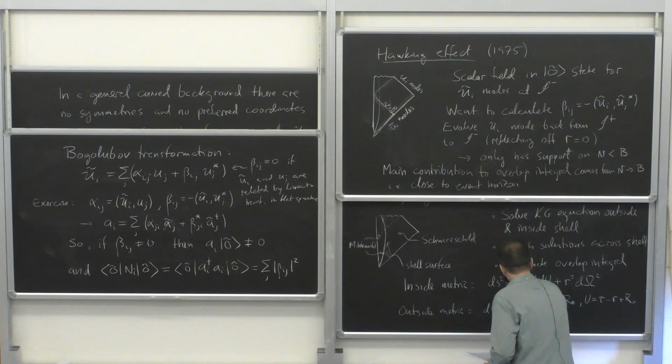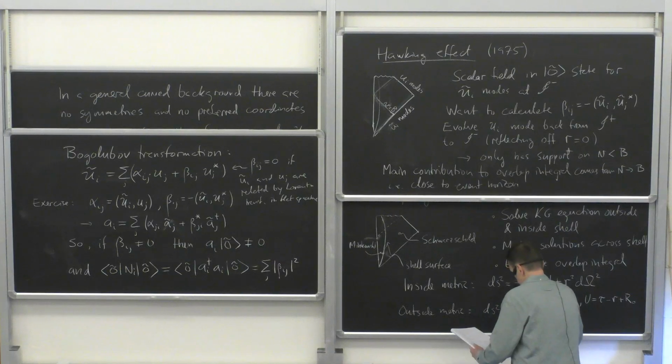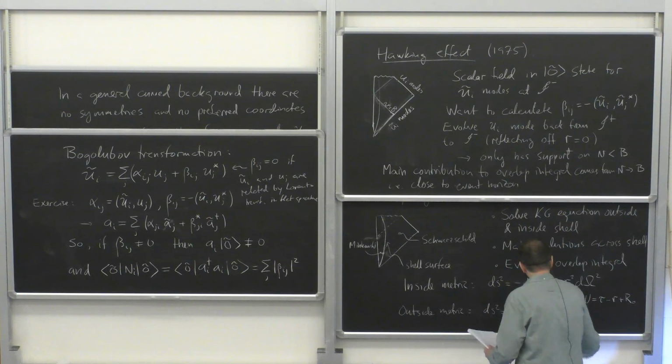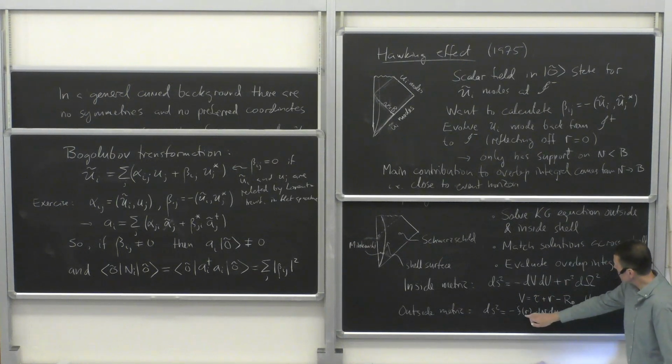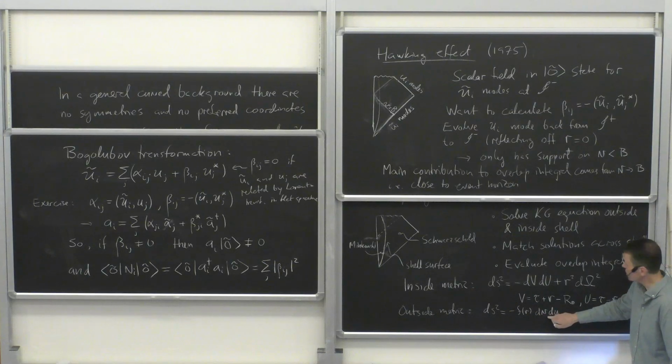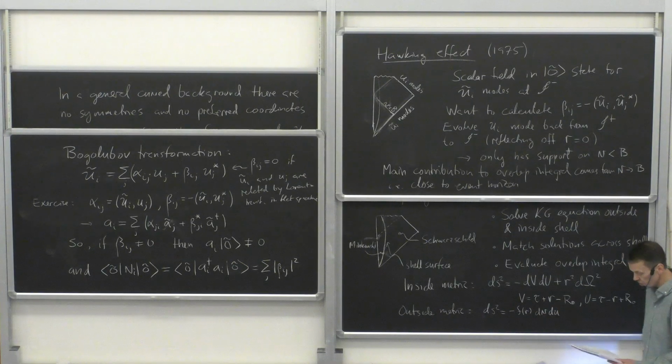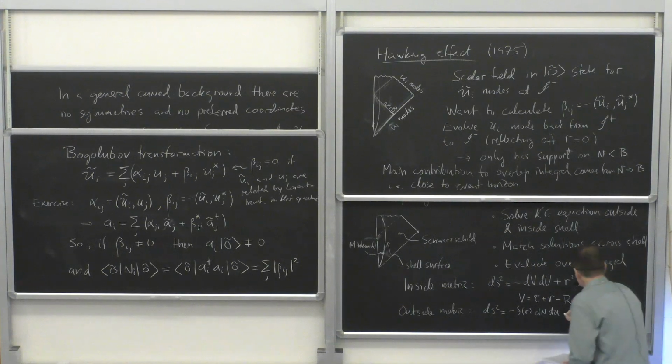I'm going to have minus f of r dv du. These are now lowercase. Remember I formed the tortoise coordinate, and these are the null combinations of outside t and the tortoise coordinate. Let me finish writing this out here.